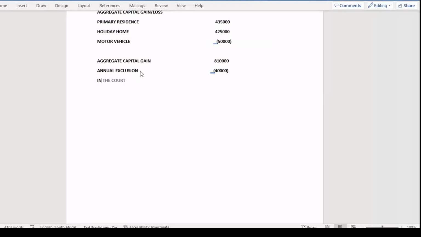Right, and then inclusion rate at 40%. So the annual exclusion has to appear once on the assets, let's say 810 minus 40,000, 770,000. Then you multiply this by 40, you divide it by 100. So it's 308.